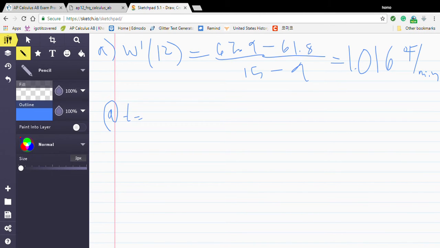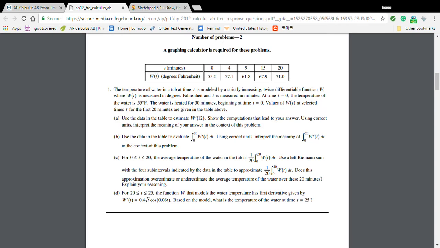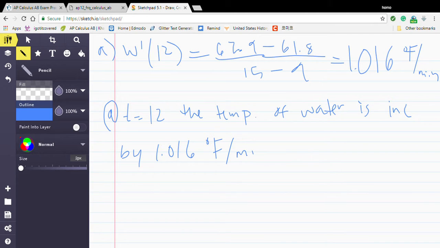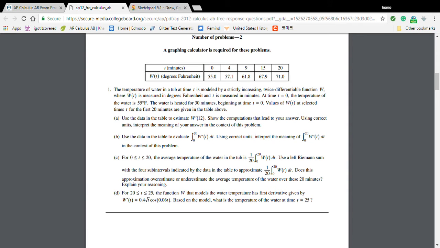At T equals 12, so we're dealing with water in here, the temperature of water is increasing, because this is positive, by 1.016 degrees Fahrenheit per minute. So this is our interpretation. This is the answer to A.